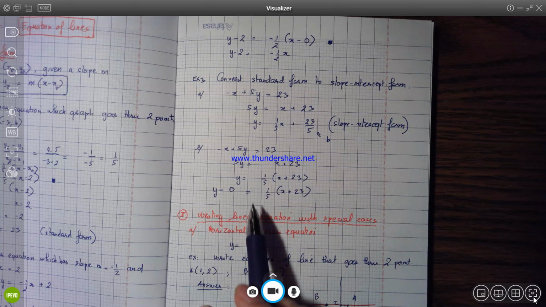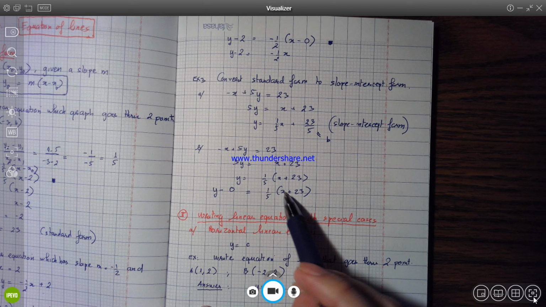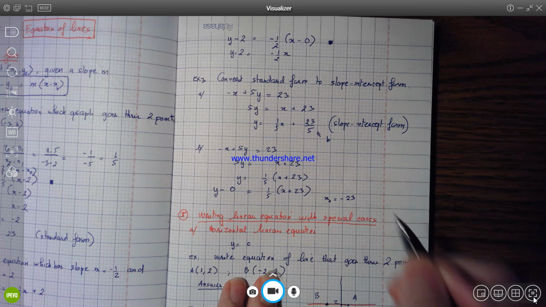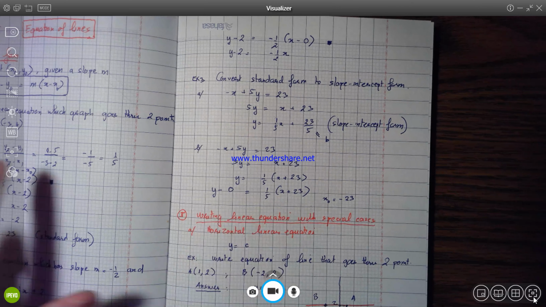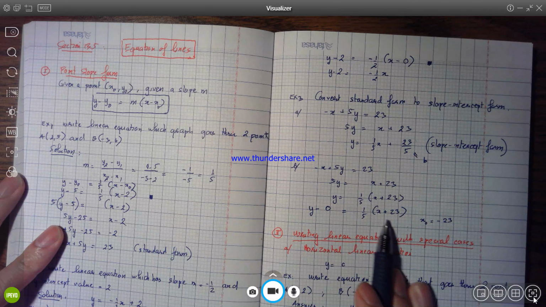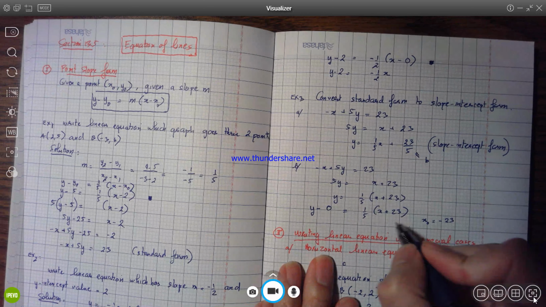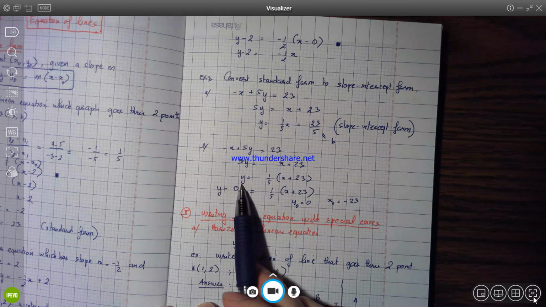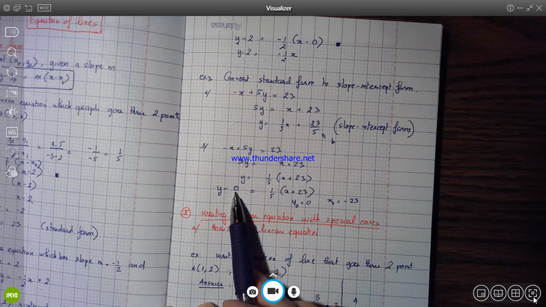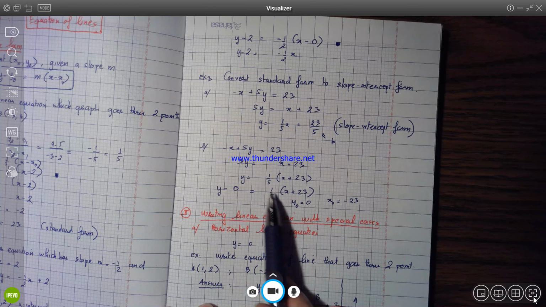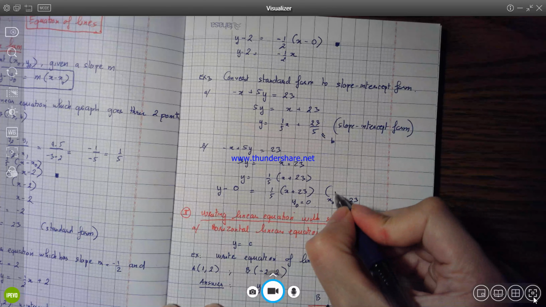When I divide the whole thing by 5, you see this is x minus x0. So x0 over here is negative 23, because the original formula is minus but this is plus. So x0 is negative 23 and y0 is 0, because I can write y as y minus 0. So you see that I can convert standard form to point slope form. So this is point slope.